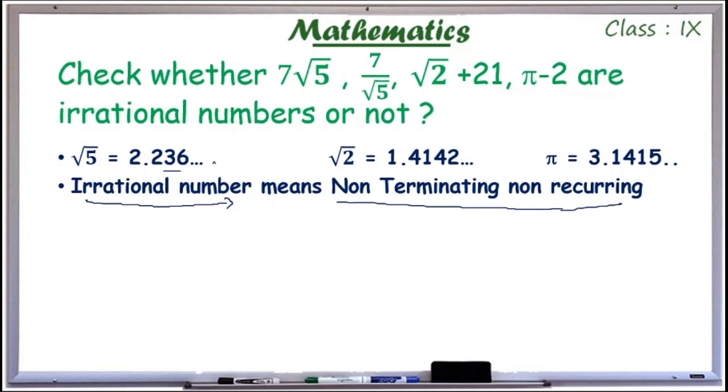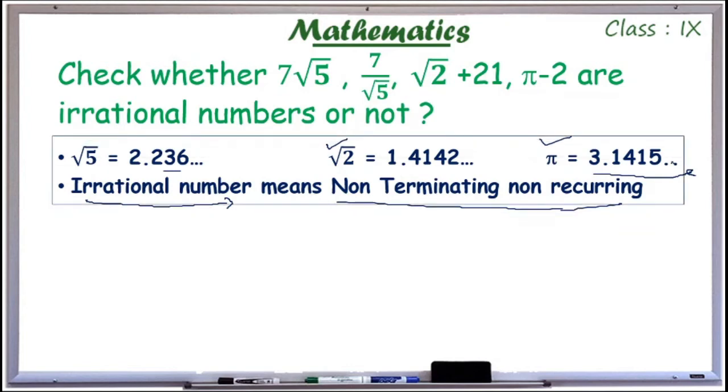It is not repeating anywhere. Also root 2 is irrational and also pi is irrational, because this decimal expansion is non-ending, non-terminating and non-recurring. The digit is not repeating. So these are the important concepts of this problem. Irrational number means non-terminating, non-recurring.